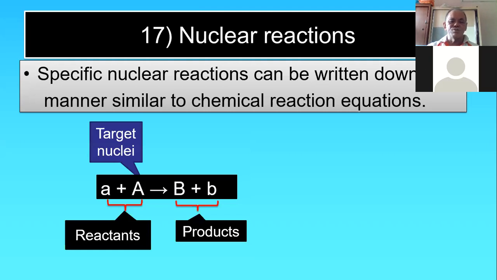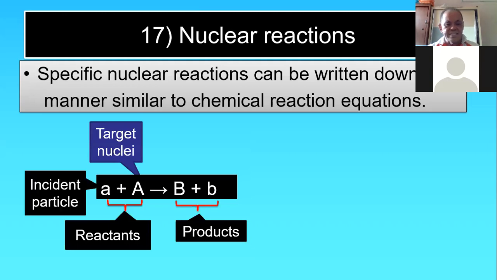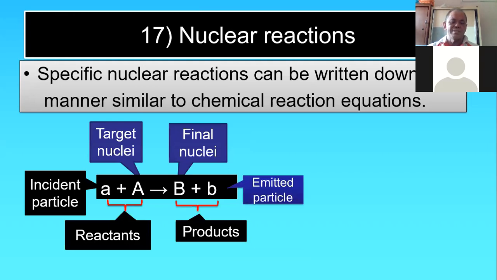The capital A is usually used for the target. Like we have nitrogen, we send alpha, that's the incident particle. The final nuclide, the product, is oxygen, and then the emitted particle will be a proton. So when we send alpha to nitrogen, we produce oxygen, and then a proton is emitted.